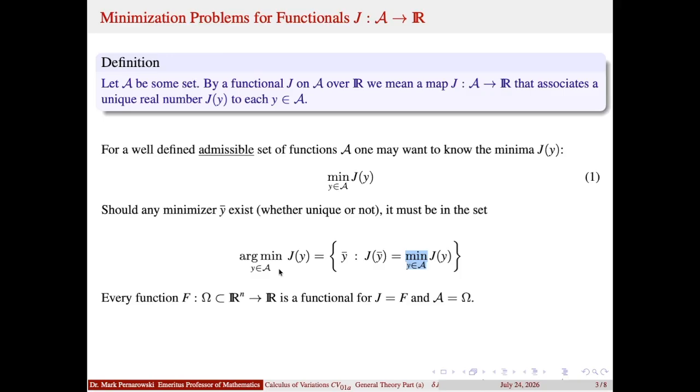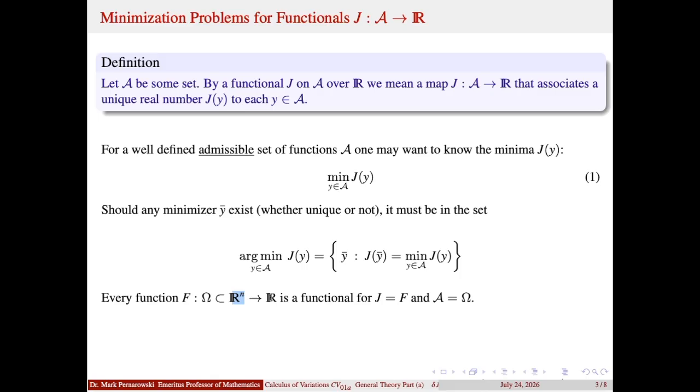It's important to recall that whenever I'm talking about functionals here over admissible sets, I could just as easily have been talking about functions on a subset of R^n mapping into R. And those are the standard calculus minimization problems you see in first and second year calculus.